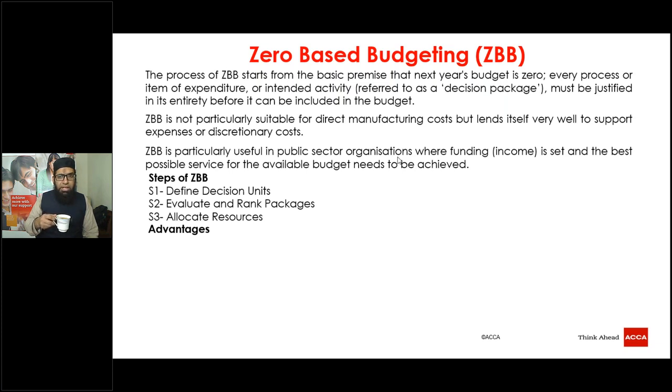So it is a completely 360-degree reverse approach of what we had covered in incremental budgeting. Okay? In such budgets, each cost or revenue or activity must be justified in its entirety.